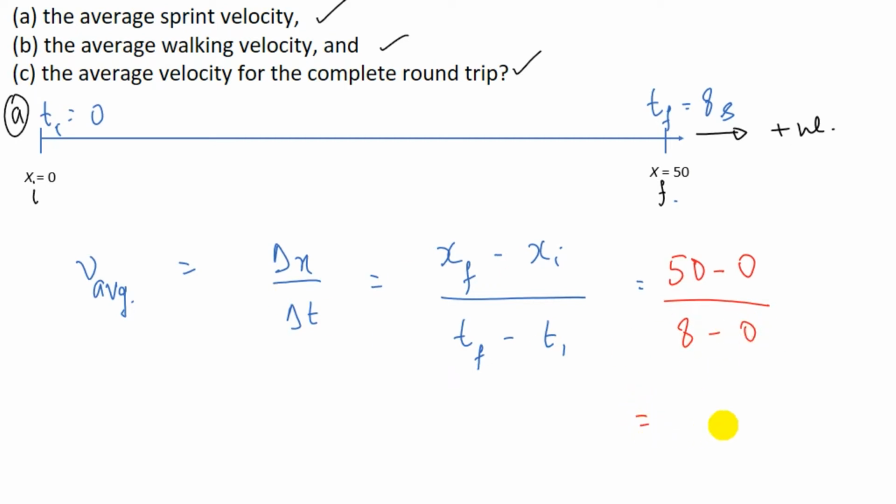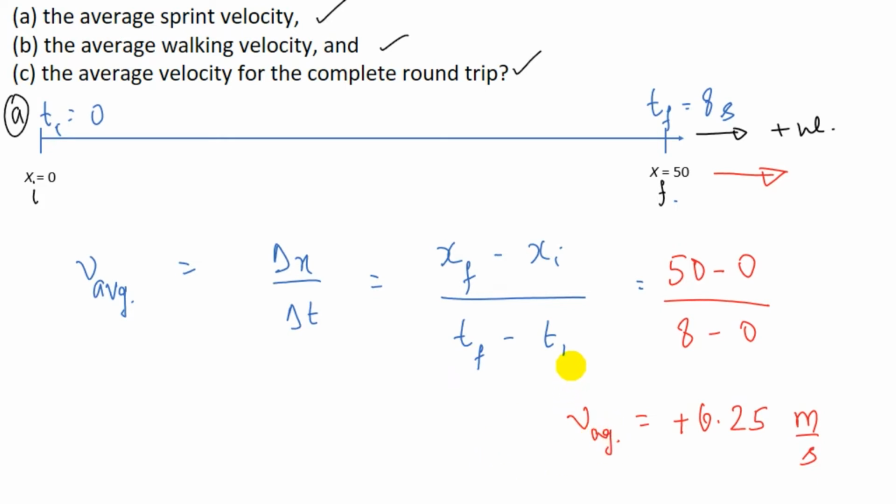So that would be equal to 6.25 meters per second, and this value is positive. That means the direction of the velocity is towards this side, the positive direction. So this is the answer for the A part.